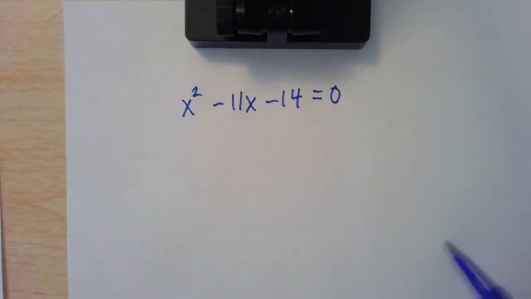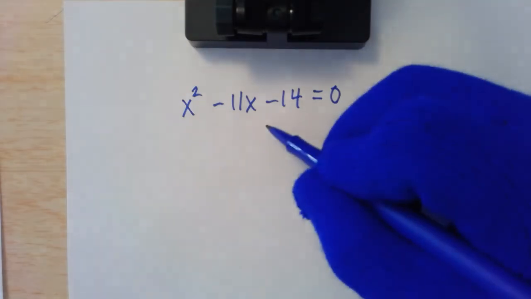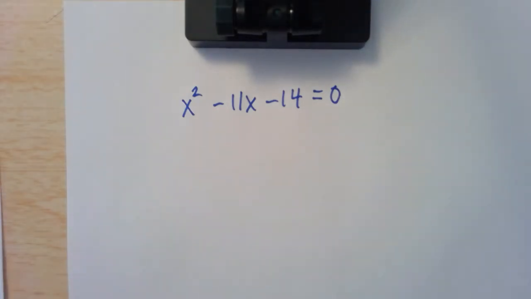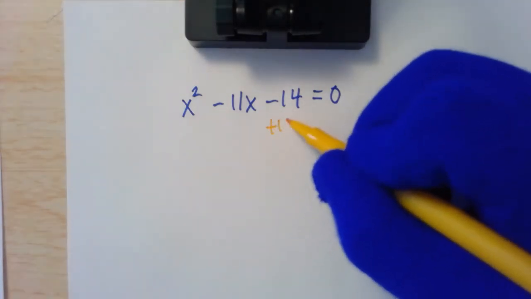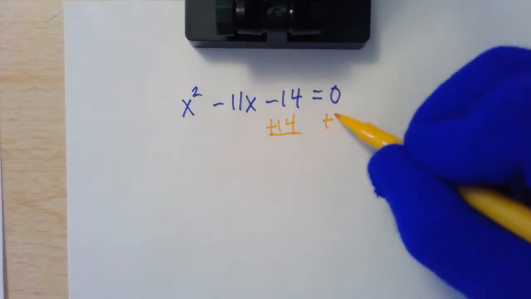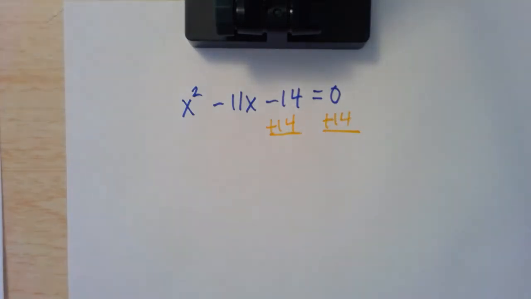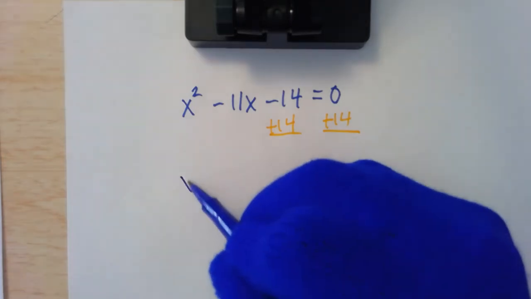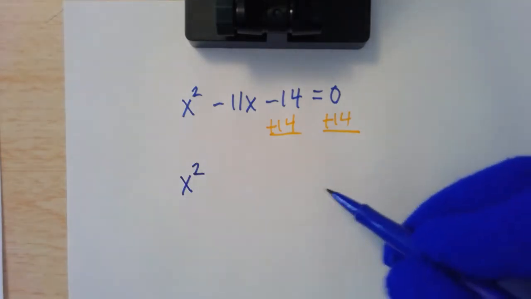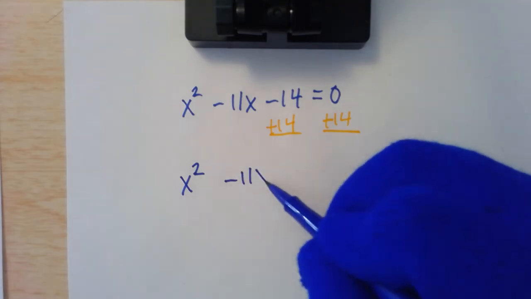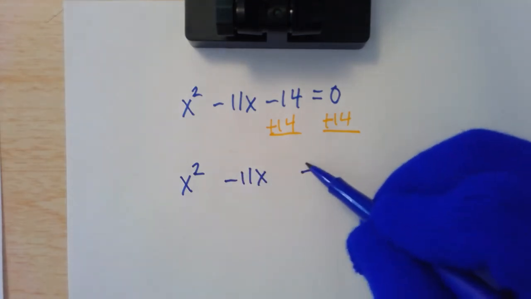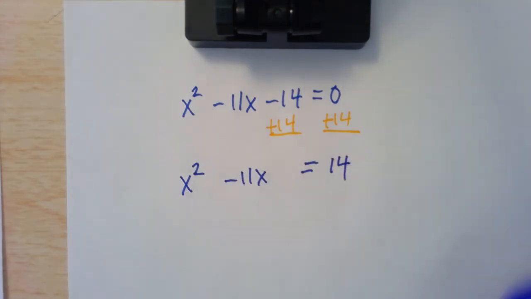X terms on one side, numbers on the other. Cool. So first thing I want to do is add 14 on both sides. So I add 14 here, and I add 14 there. From here, that becomes x squared minus 11x equal to 14.